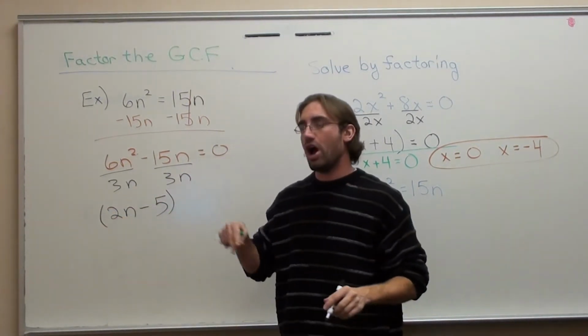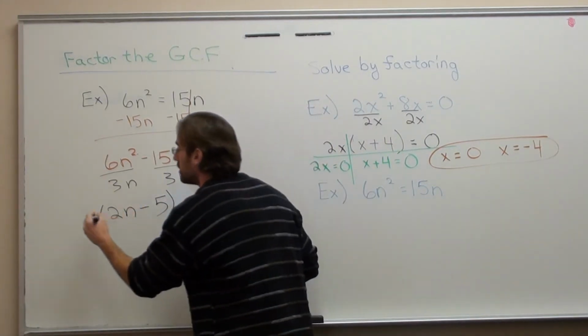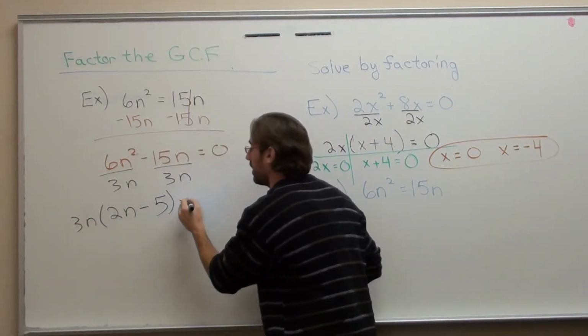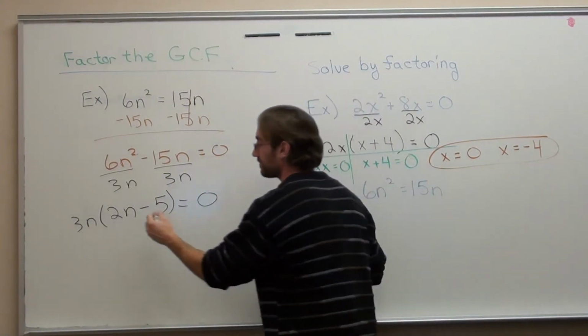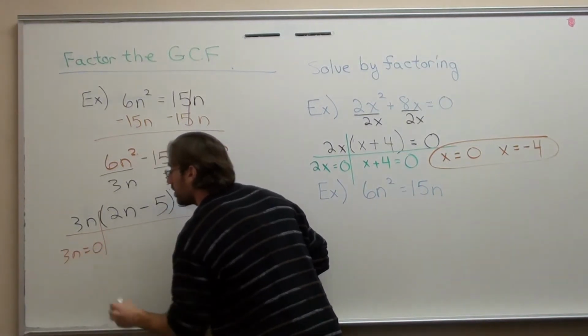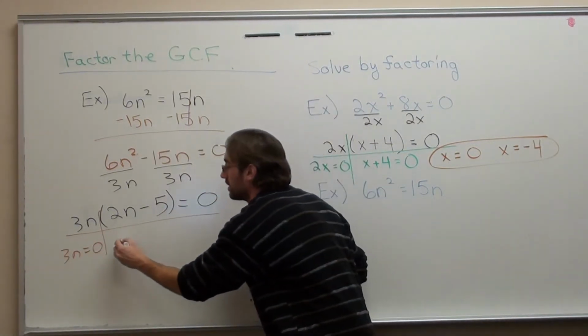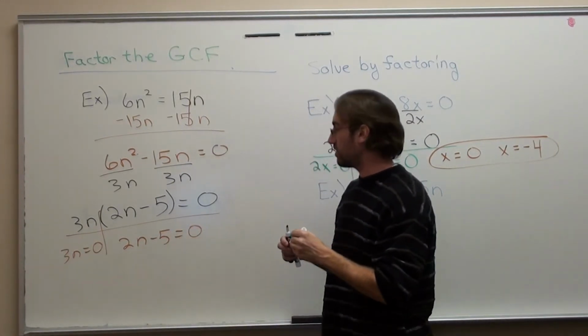And my student says, oh, no, you're not done, because every time they try to leave, you equal to 0. Now you can solve this as a zero product property question. 3n equals 0, and 2n subtract 5 equals 0.